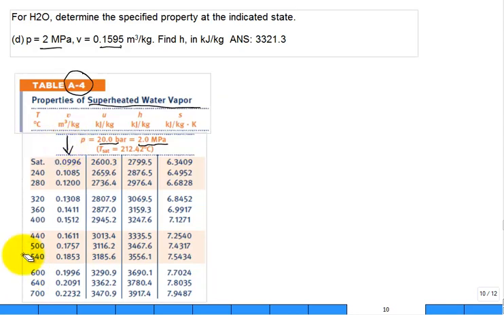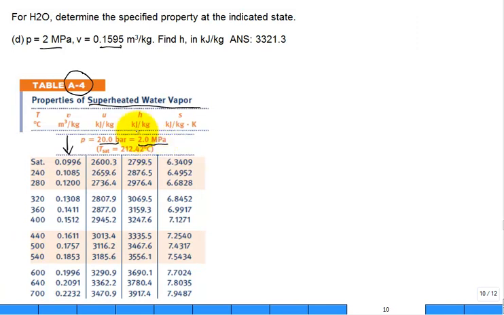So you're in the right pressure block of 2 megapascal, but you're needing to interpolate with respect to, or look it up with respect to, specific volume. Luckily, this is just all monotonically increasing. That's just nice. So we look for 0.1595, and it looks like it falls right in here, in between those two values.